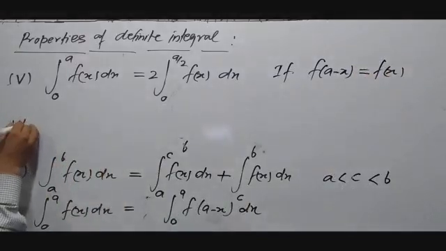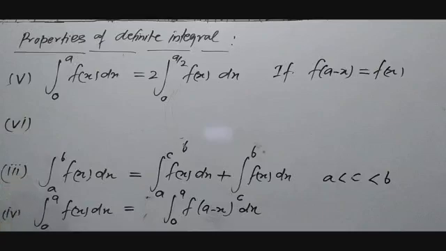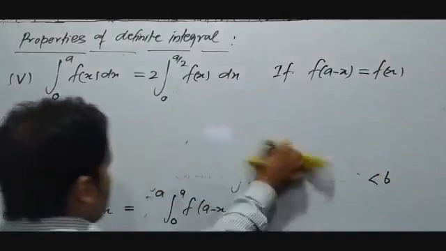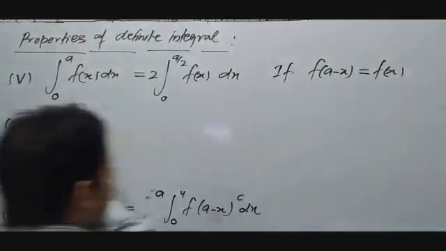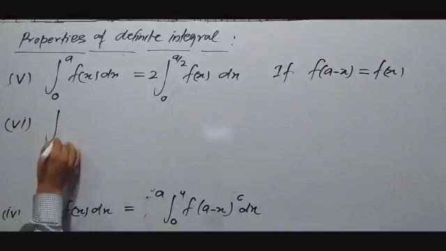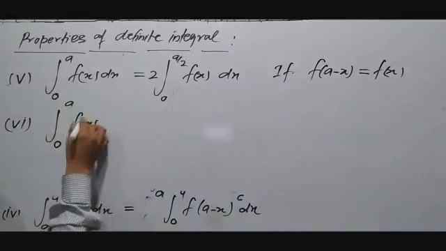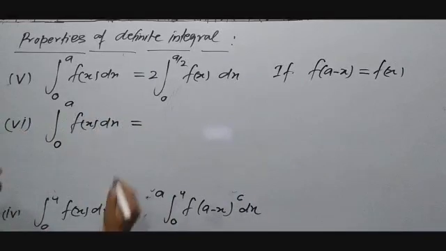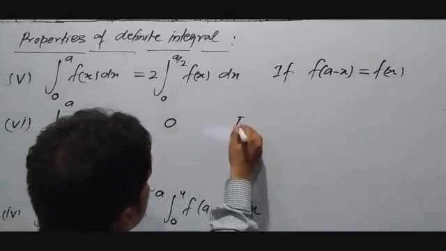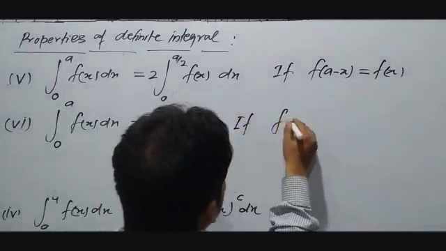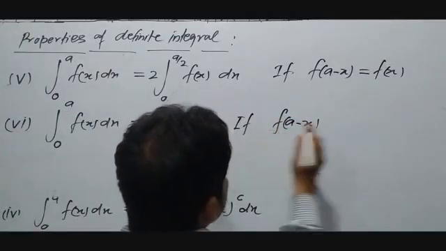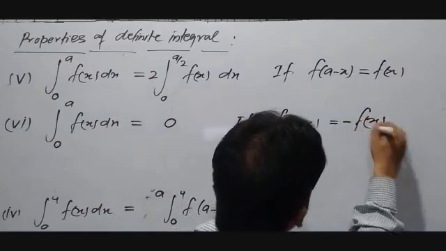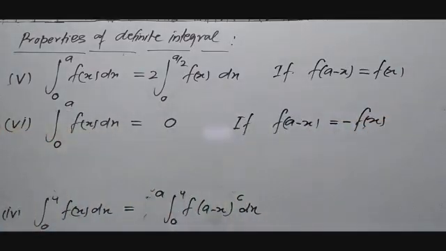Through the sixth property you can write that the integral from 0 to a of f(x) dx is 0 if f(a minus x) is equal to minus f(x). So when f(a minus x) is equal to minus f(x), its result will be 0.